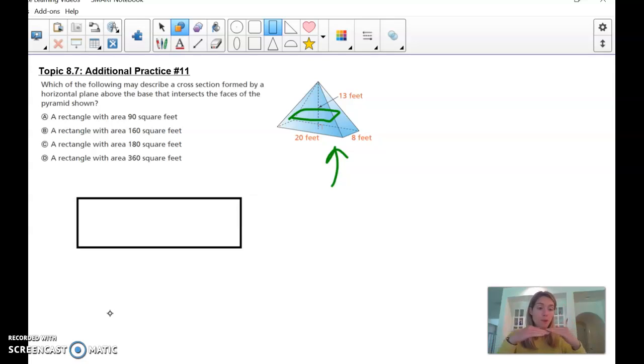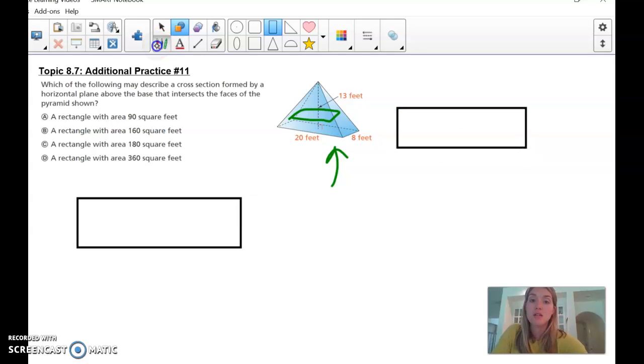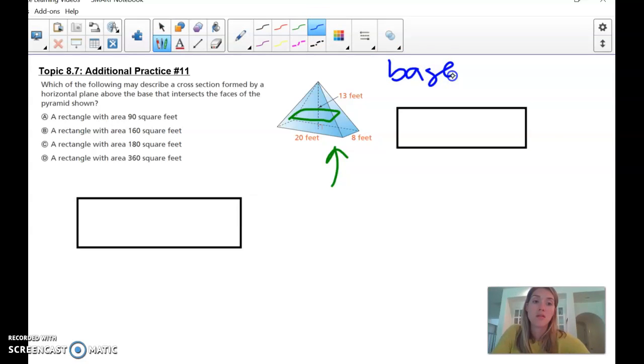Now, if we're thinking about it getting higher than the base, then that means that area is going to be smaller than the area of the base. Now, if I make this the base, the dimensions of the base are 20 feet by 8 feet.